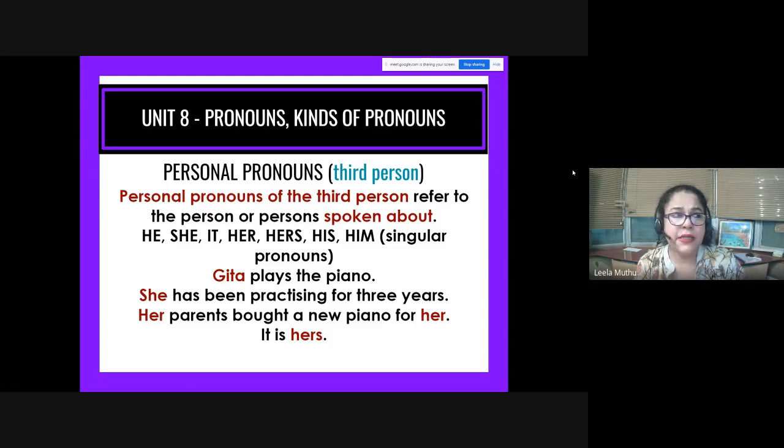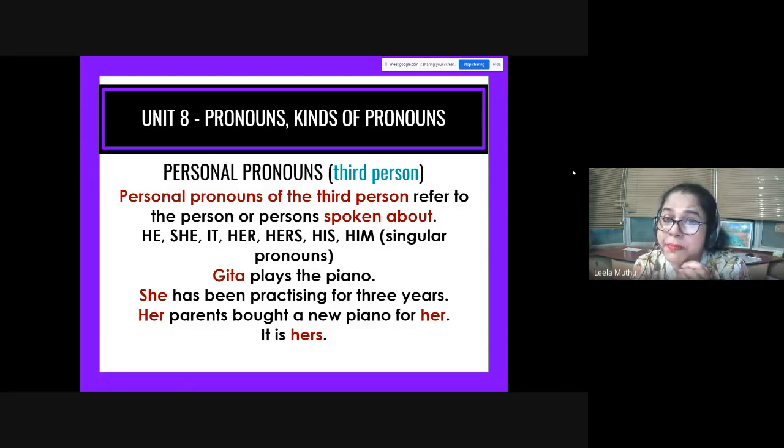These refer to the personal pronouns of the third person, the person or persons spoken about. For example, now we're talking about Geeta. I'm having a conversation with you. You're in the second person, about a third person, somebody else. And so this is how the conversation will go.